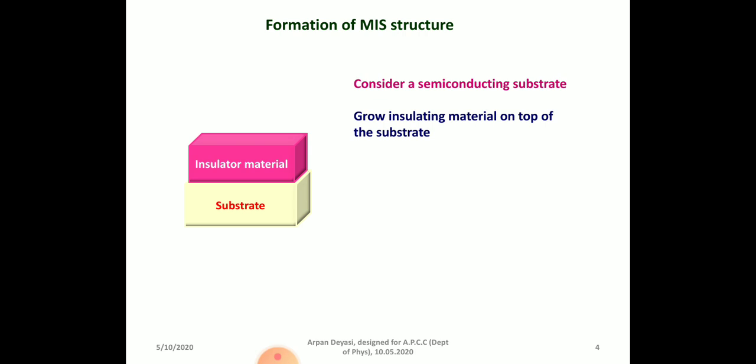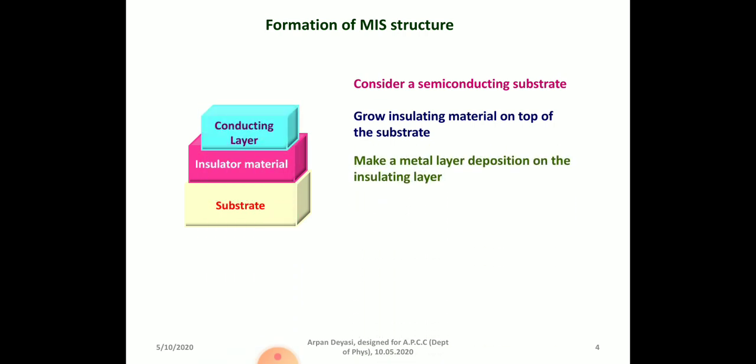Insulator, semiconductor. Now I am trying to make it a tri-layer. How? I am making another conductive layer on top of the insulating layer. So what is happening? I am getting a tri-layer structure: metal, insulator, semiconductor. They have different conducting properties.